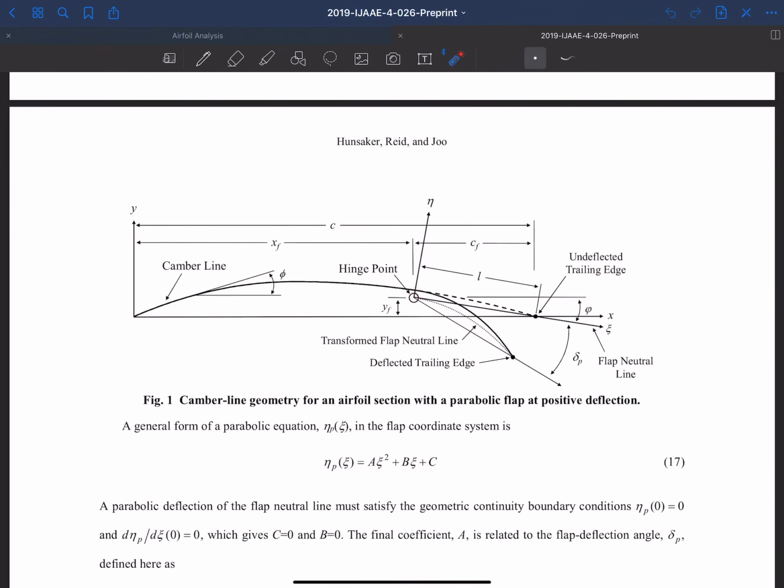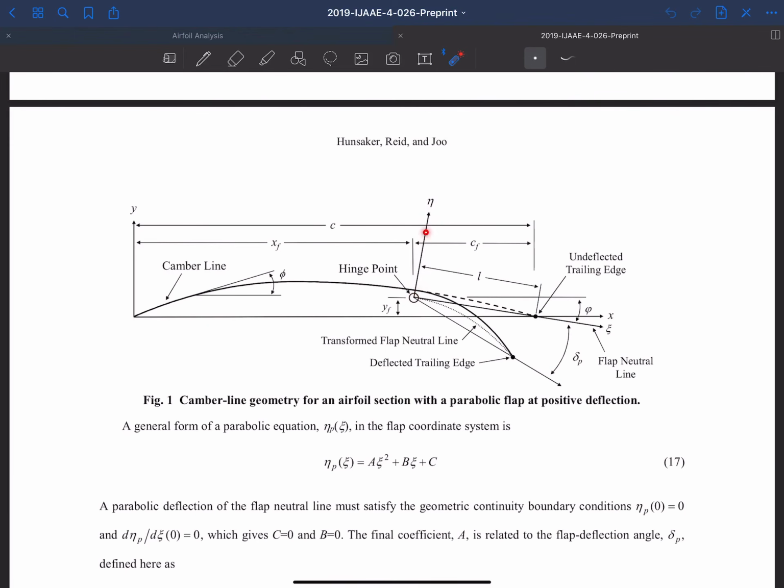And from that point, we're going to draw a straight line from that hinge point to the trailing edge, and we call that the flap neutral line. And then we define a new coordinate system where C here is along that flap neutral line, and eta is perpendicular to that.